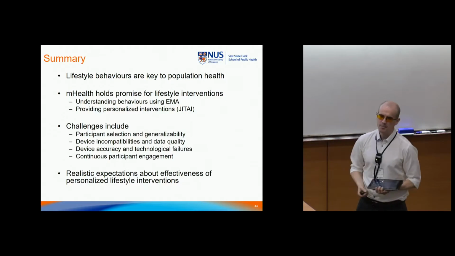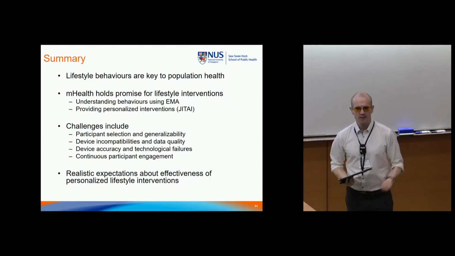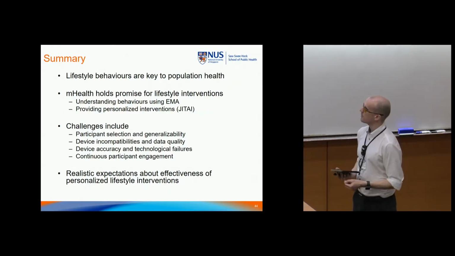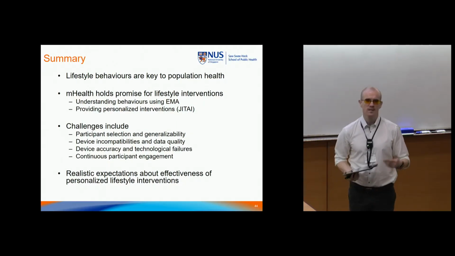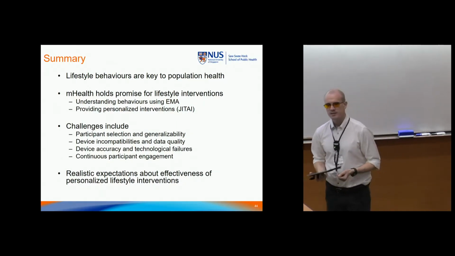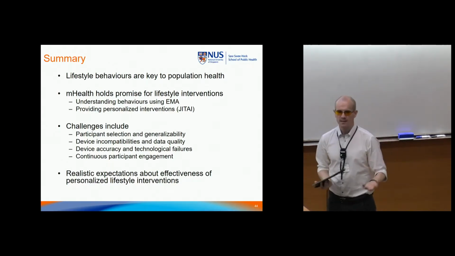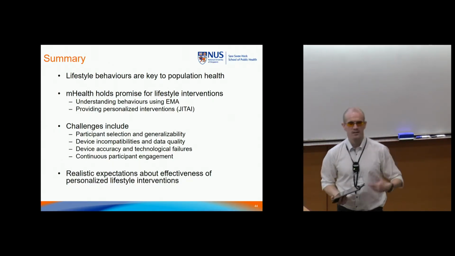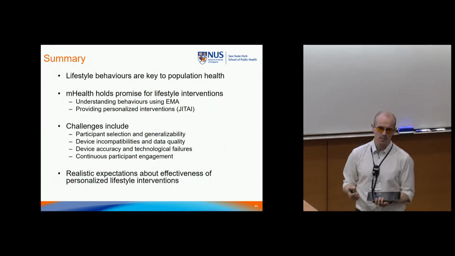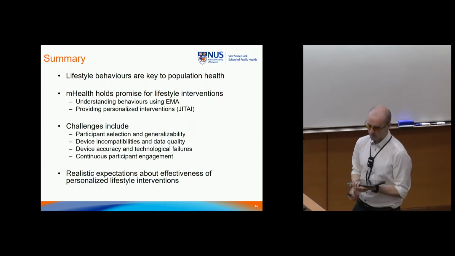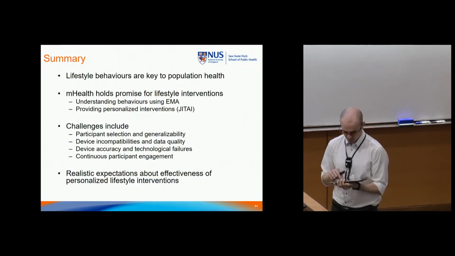We've noticed quite substantial device-related issues about the incompatibility of devices on the one hand, but also in relation to the accuracy of devices. And this is despite the always-cited major technological developments and advances over recent years. I think it is still something one needs to be mindful of when trying to use these kinds of technologies in the future.